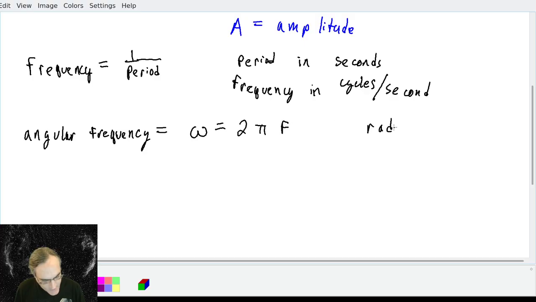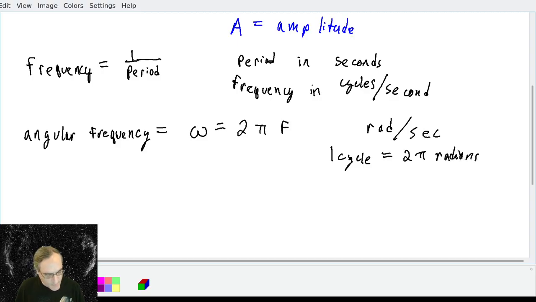So it would be measured in radians per second. Why? Because one cycle is 2 pi radians. So we're essentially applying a conversion factor, doing a dimensional analysis. Angular frequency or angular speed, omega, ends up having a lot more use than frequency. And we will see it appear in our equations more frequently perhaps than even frequency does.